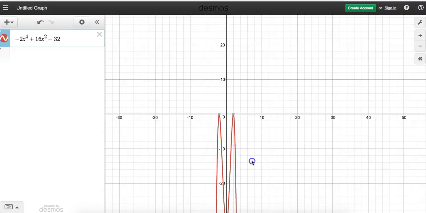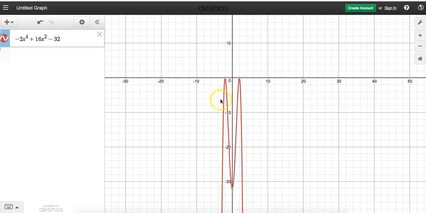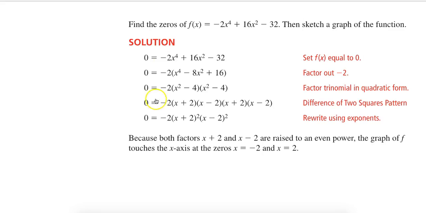We have kind of this M shape right here, and all of this information we got just by analyzing the problem. We know our graph touches the x-axis at these points because our double solutions are both raised to an even power, so it touches the x-intercept but doesn't cross.